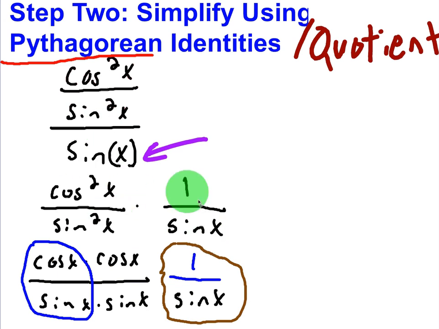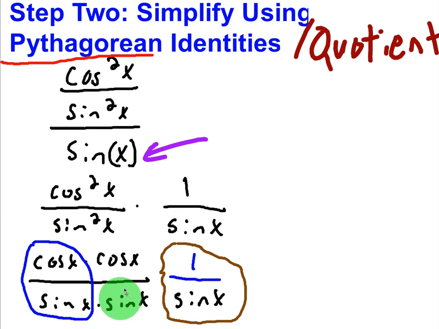We will end up with cosine squared on top and sine cubed on bottom. That's one way to think about it. However, remember you want smaller exponents when you're simplifying these things. At the end of the day, we can convert this back into cosecant squared because basically nothing canceled out. It was basically an unnecessary step.